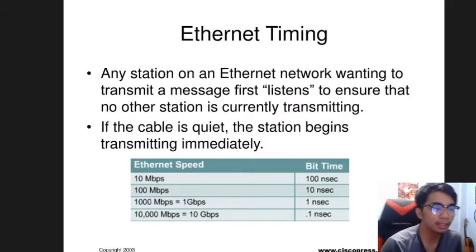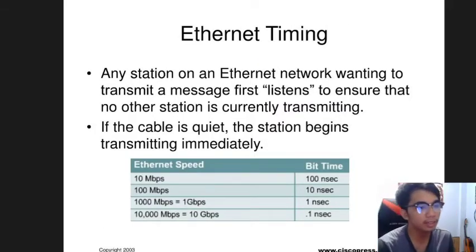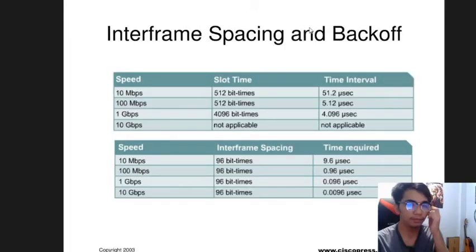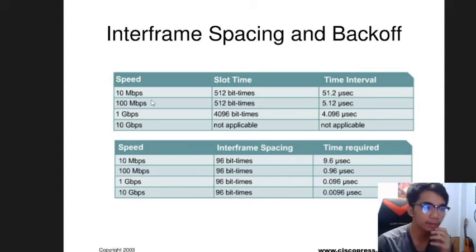Then Ethernet timing: any station on an Ethernet network wanting to transmit a message first listens to ensure that no other station is currently transmitting. If the cable is quiet, the station begins transmitting immediately. Then interframe spacing and backoff, as you can see here. These are the speed, slot time, time interval, and other details.